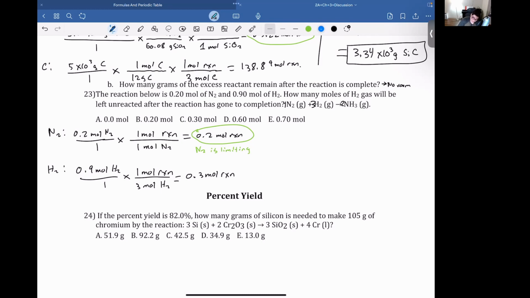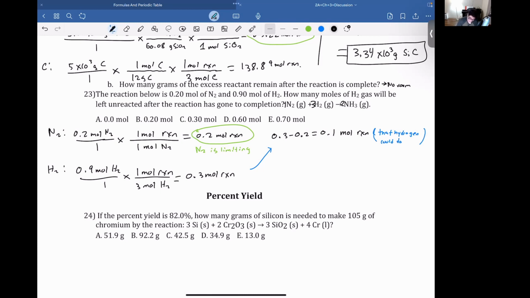Then we go ahead and say, well, we have 0.3 minus 0.2, which is 0.1 moles of reaction, right? And then again, you have to interpret your answer. So this is what hydrogen could do, but there's not enough nitrogen, right?